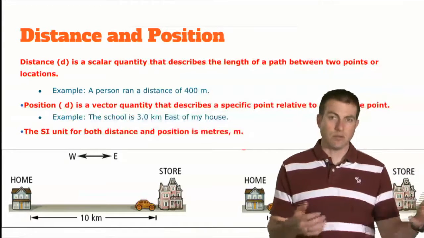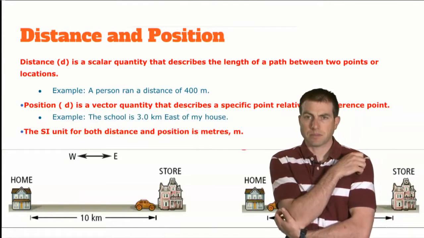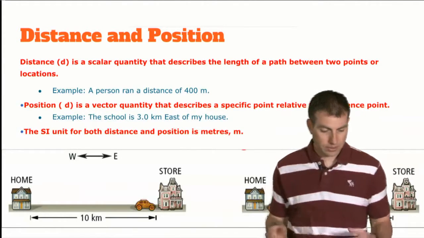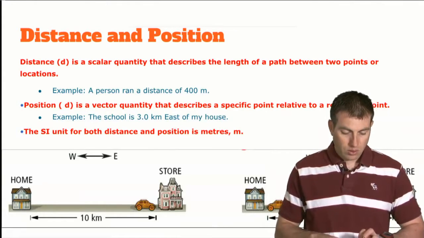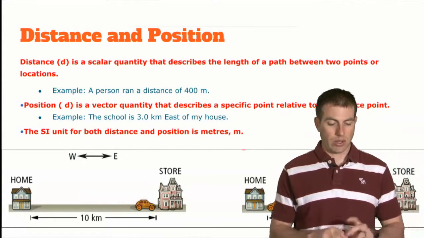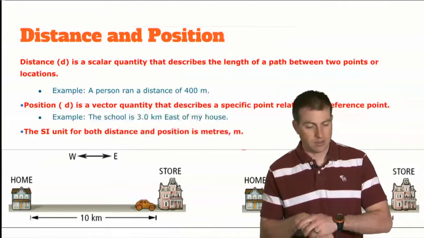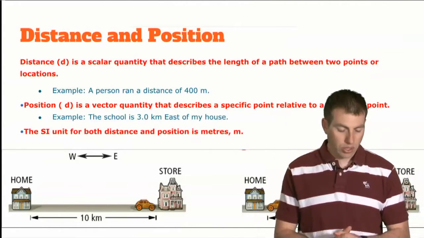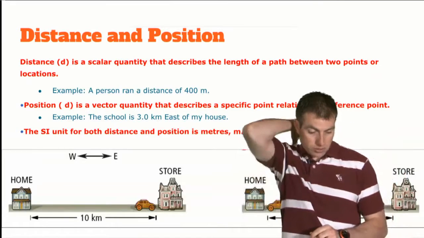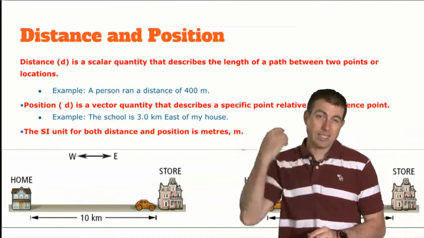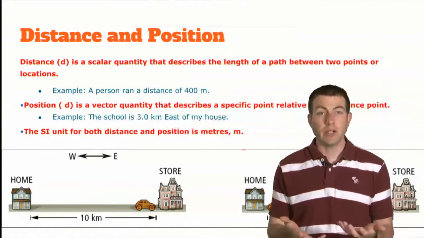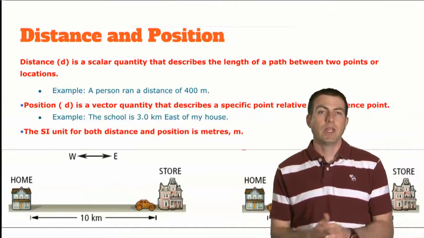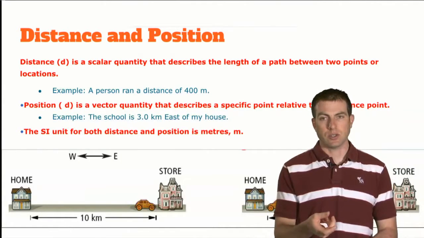To the east of your house. That's why distance and position are different. SI is Système International, a French consortium that does all the units for the world, and distance and position are both measured in meters. The only difference is that position will have a direction associated with it.